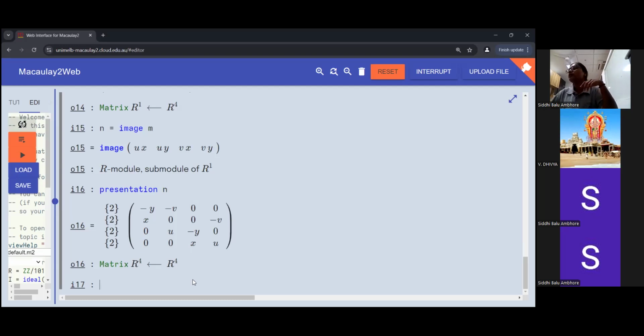So let us put this in the discussion forum and see what response we get. But yes, it appears to be false from Macaulay2 and even by looking at the equations. Okay, so let's get back to the question here.